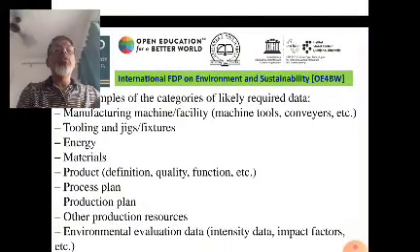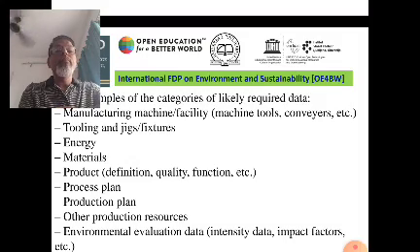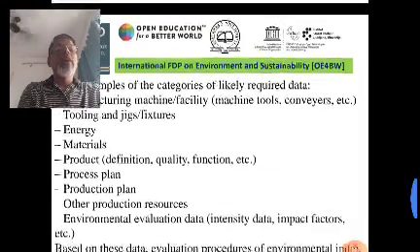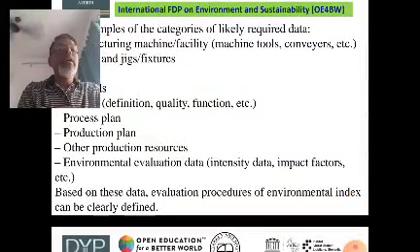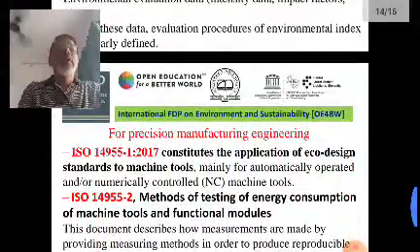So we have to define which type of product it is, what the quality of that product is, and what the function of that product is. Then for manufacturing: the process plan, production plan, other production resources, and environmental evaluation data such as intensity data, impact factor, etc. Based on this data, the evaluation procedure and the environmental index can be clearly defined.